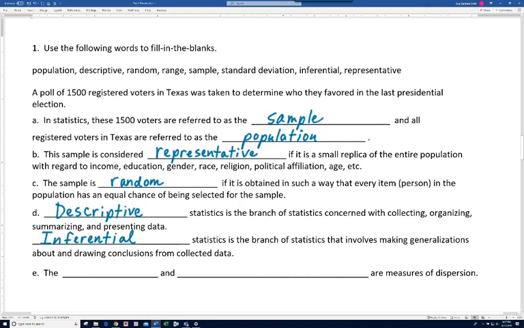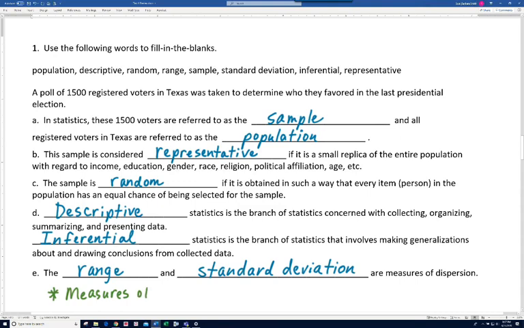And really, that's the whole point of statistics. After you've collected and put all the data together, you're hoping the data tells you something, that you can learn something from the data.